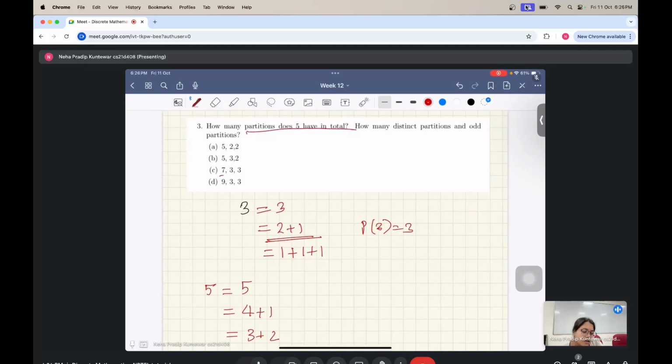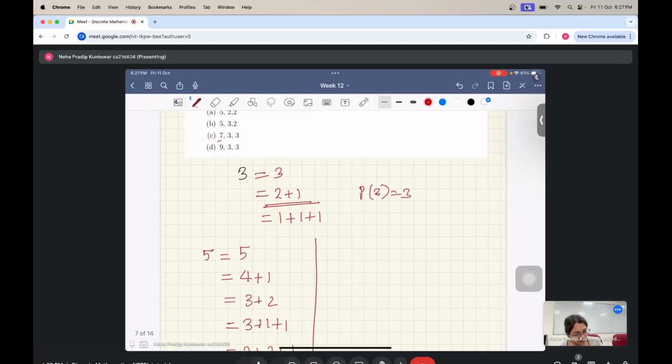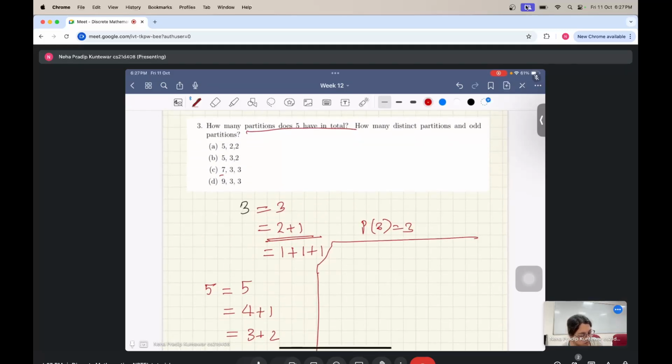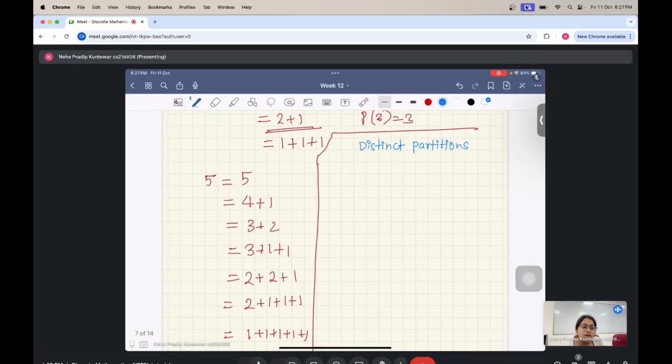And now the question we are asking is how many of these are distinct partitions and how many of these are odd partitions. So what do I mean by distinct partitions? You look at all these partitions and look at the numbers that are involved in them.